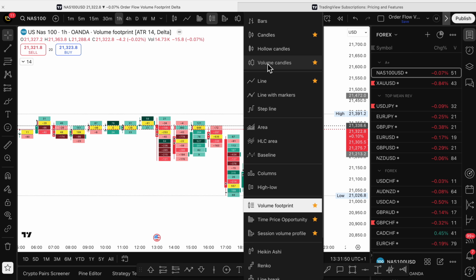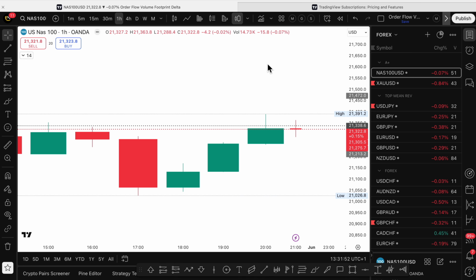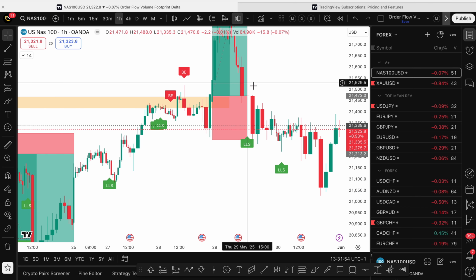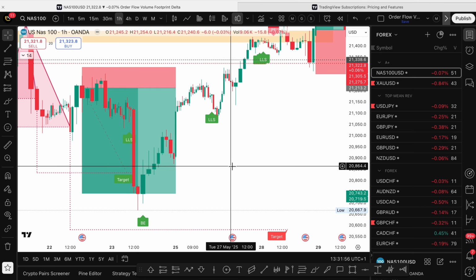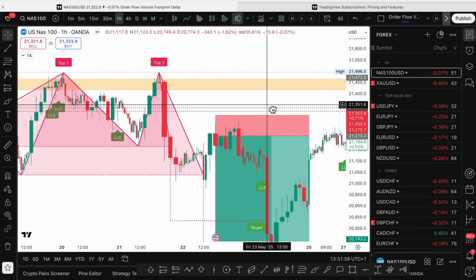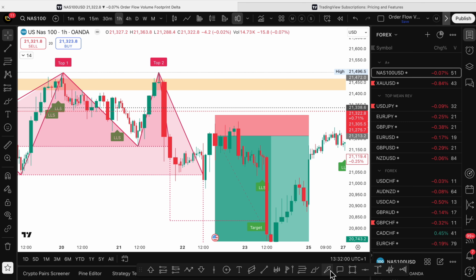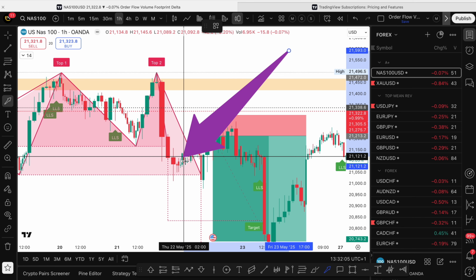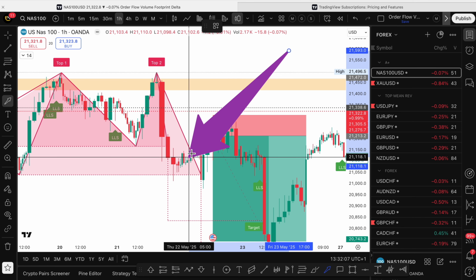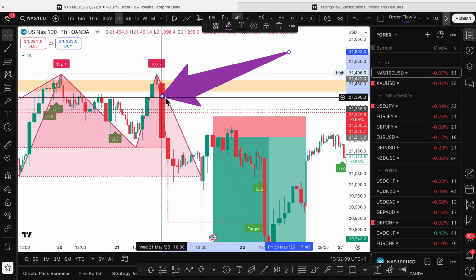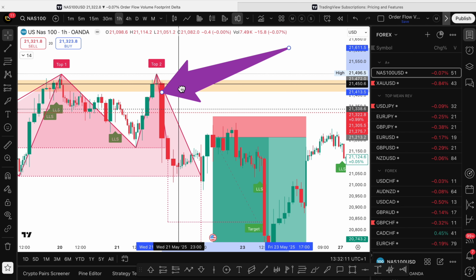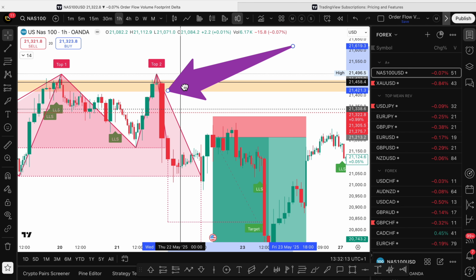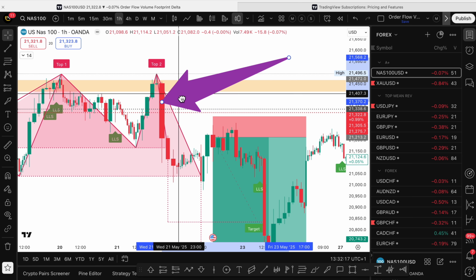This gives you a little bit of information, it's very basic. We'll click on it. You can see it actually makes strong candles a little bit thicker. If you notice this candle here, it is much thicker than these candles here. So it tells you there was lots of selling volume here. It's giving you more information than a general chart would, but limited information.